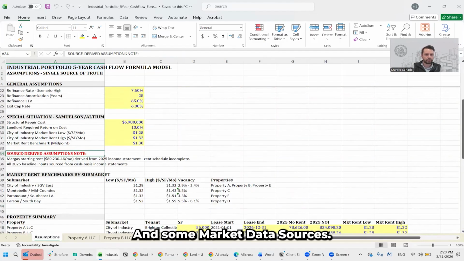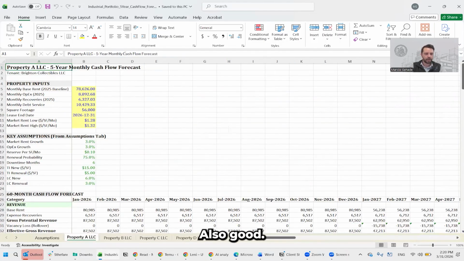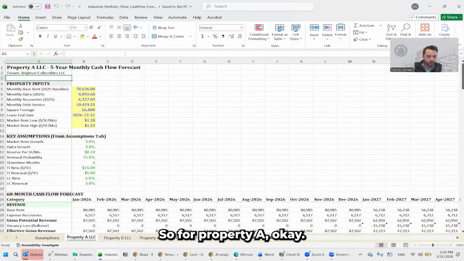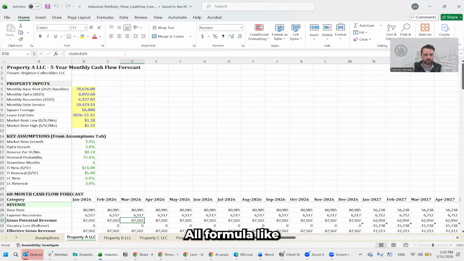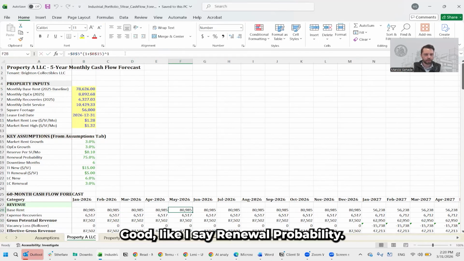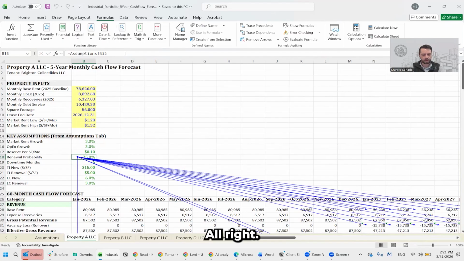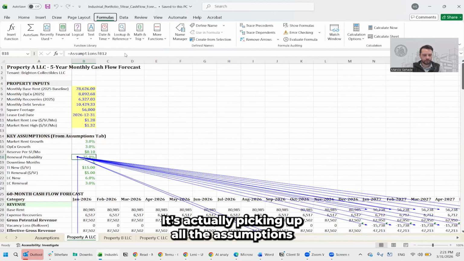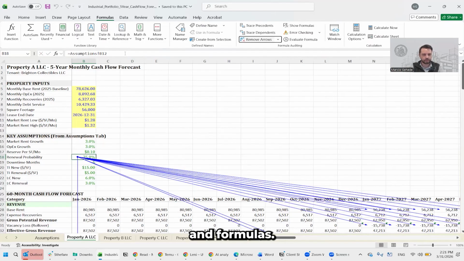And some market data sources, also good. So for property A, these are the assumptions, all formulas. Let's see. Yeah, all formulaic. Good, like let's say renewal probability. All right. It's actually picking up all the assumptions and formulas.